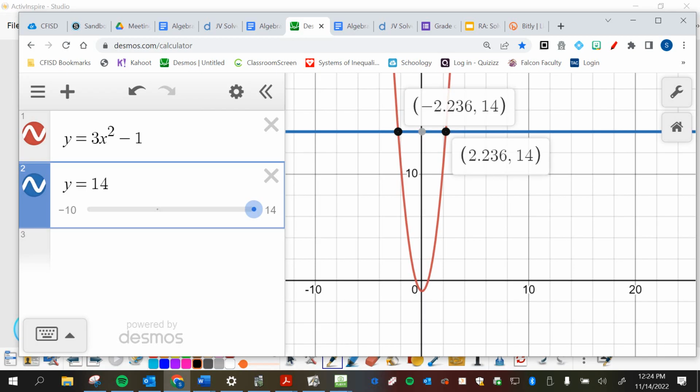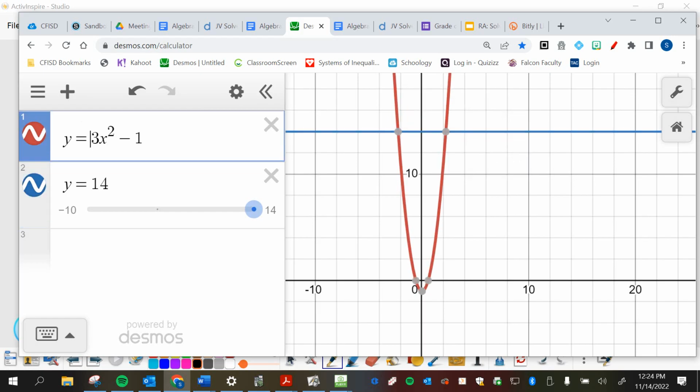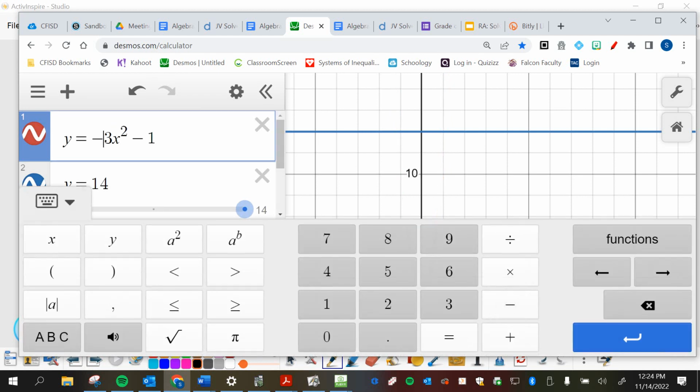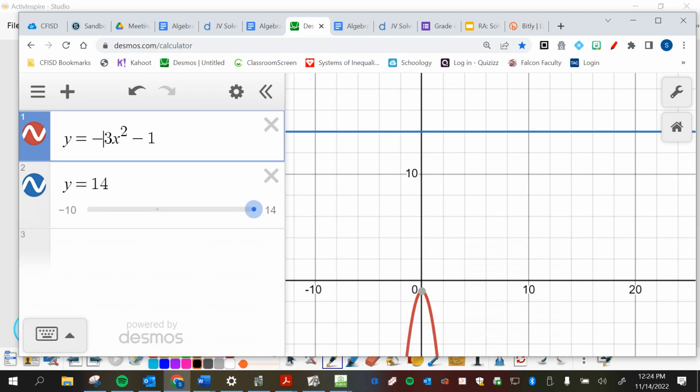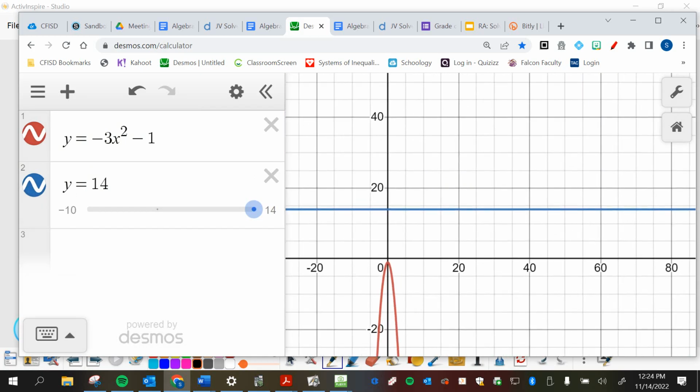Okay? Alright, now watch. I'm going to change this. Now I'm going to do example 5. So all I'm going to do is put a negative in front of that. Okay? Alright. Can you see why it's no solution? Oh, yeah. That parabola is never going to touch that line. You can see. So I'm going to tell you it does. We just have to go in a different number system. But we'll talk about that on Thursday.